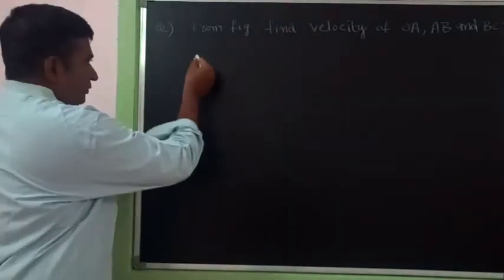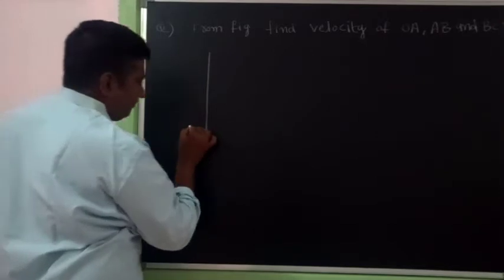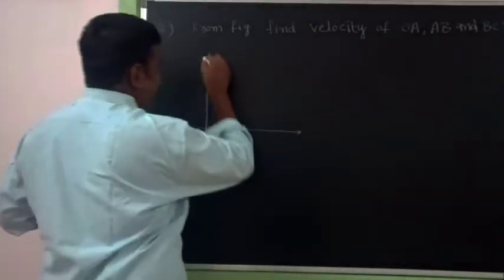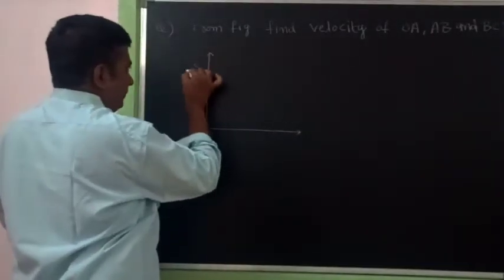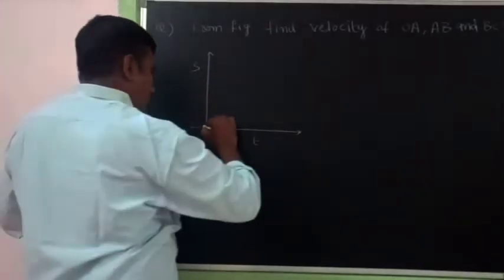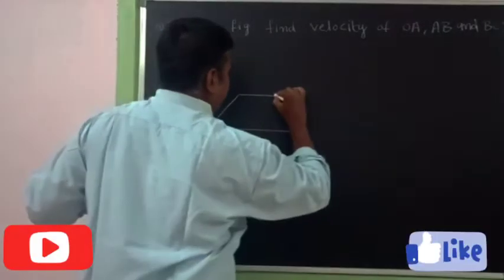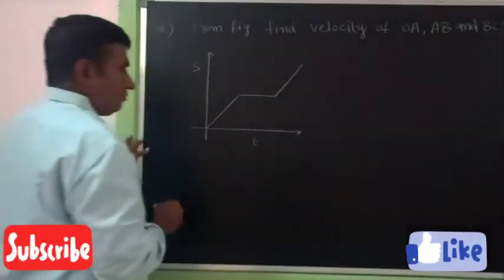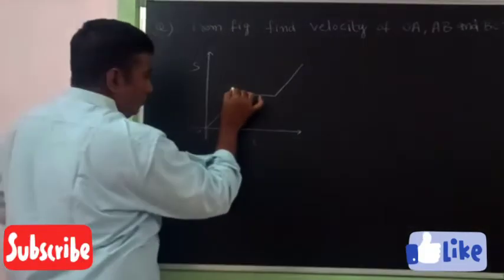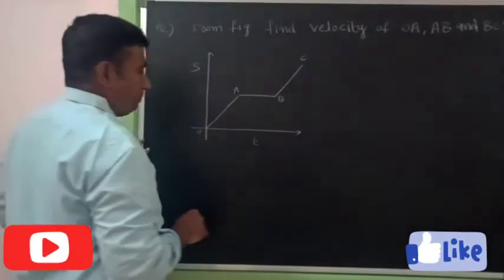The figure they have given is a displacement time graph, with the points marked as O, A, B and C.